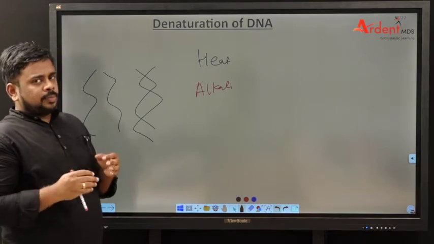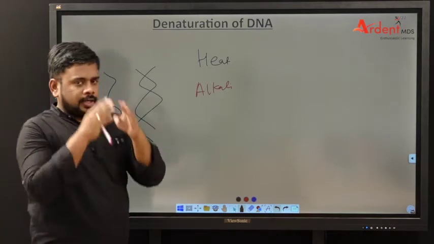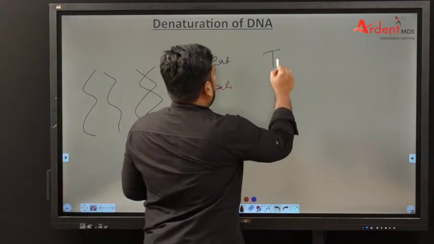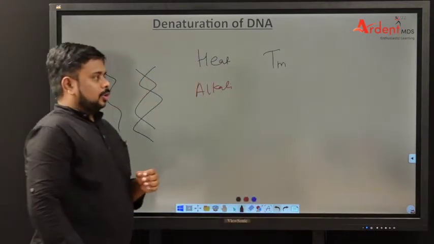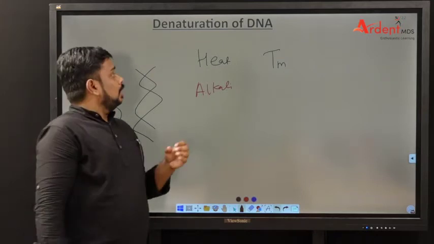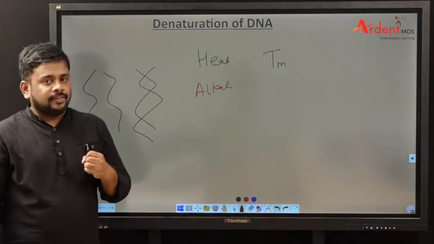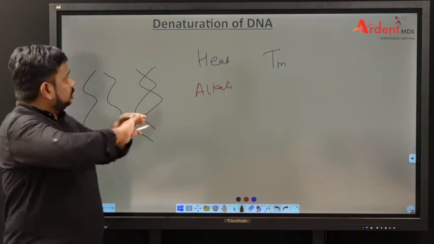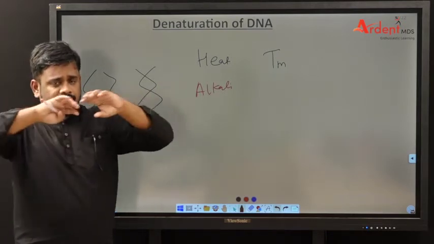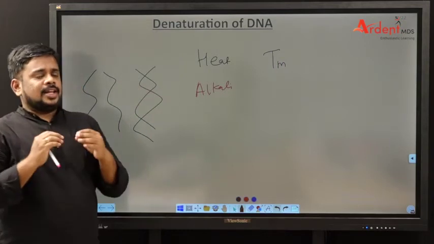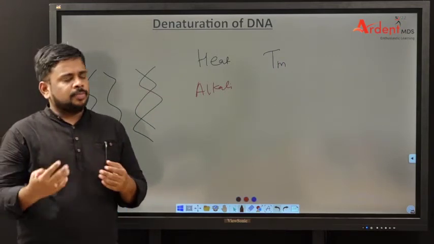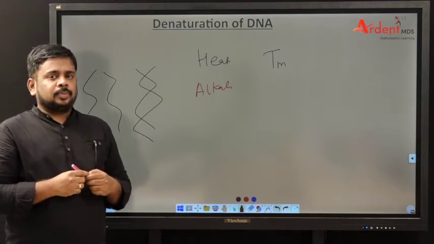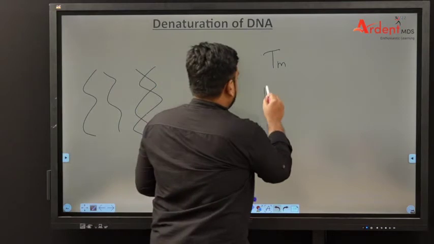So at the particular point where the helix separates, it is called Tm, that is called melting temperature. Melting temperature of chromosome or DNA is around 85 degrees Celsius. Right. When the strand is separated, it is called denatured. So it has a special property. The special property is it absorbs the UV light. So that is number one. Hyperchromacity.